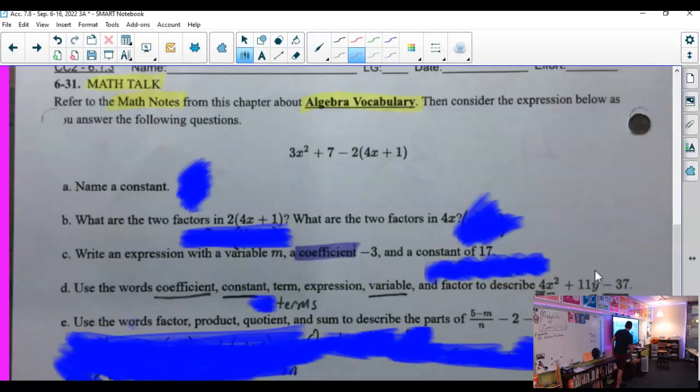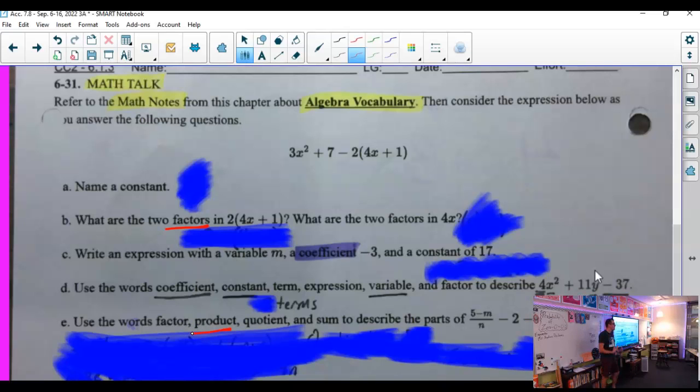What does it mean when we get asked about factors? What are factors, Caden? Say you have 10 is 2 times 5. 2 and 5 multiplying to make 10 means that 2 and 5 are your factors. What does it mean when we get asked about a product?